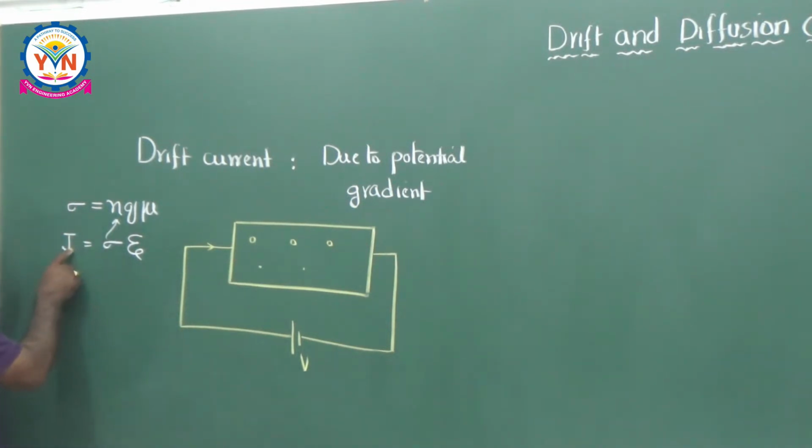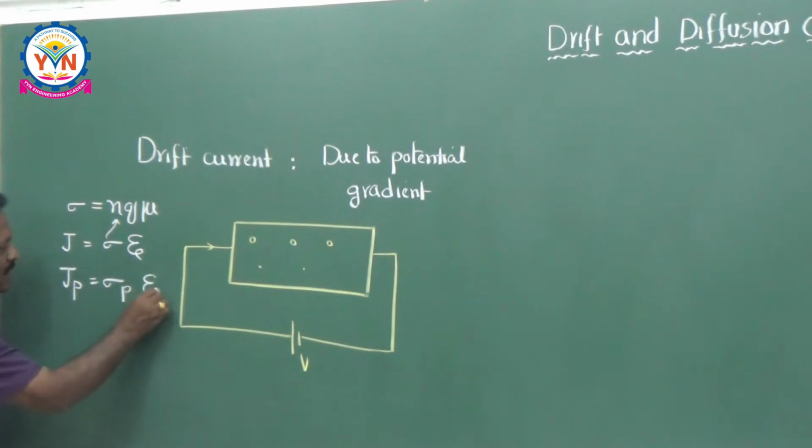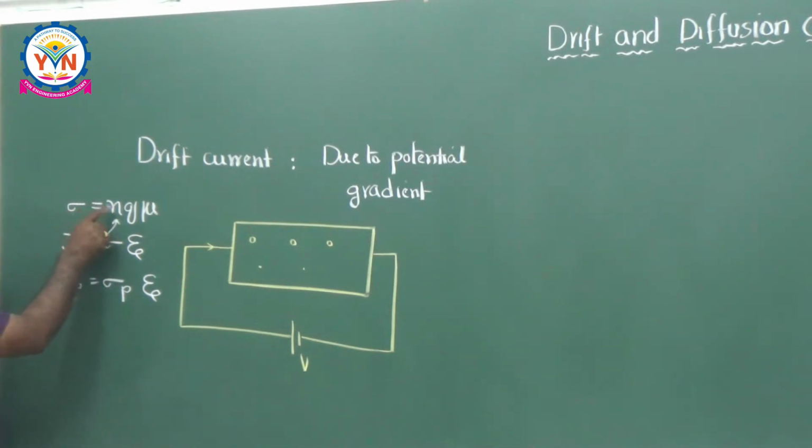Due to holes I can write Jp is equal to sigma p into Xi. That means conductivity due to holes. How to write the expression for the conductivity due to holes? Sigma p is equal to, in place of n you write p, into q into mu p. It is a generalized expression.